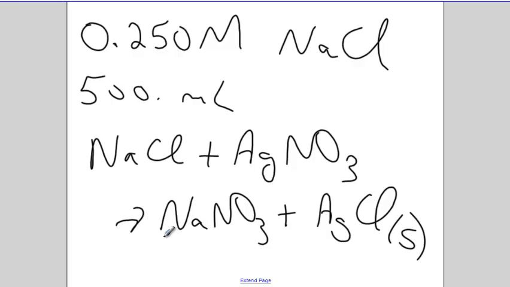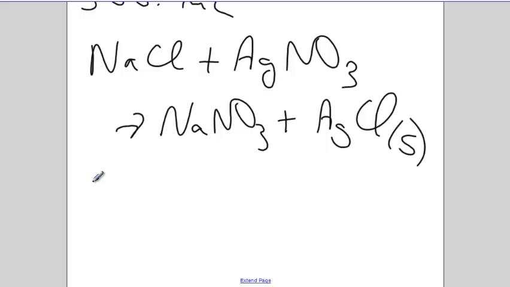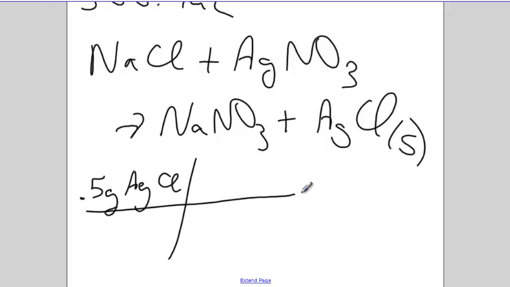Let's say you say to yourself, I want to end up with 0.5 grams of AgCl. How many milliliters of NaCl should I start with? Okay? So now I'm going to say 0.5 grams AgCl. I need the molar mass of AgCl.